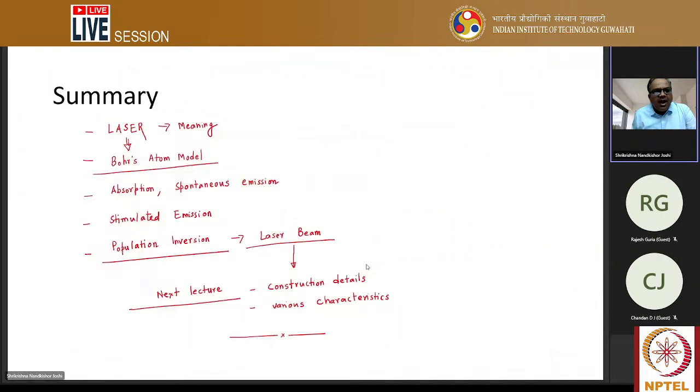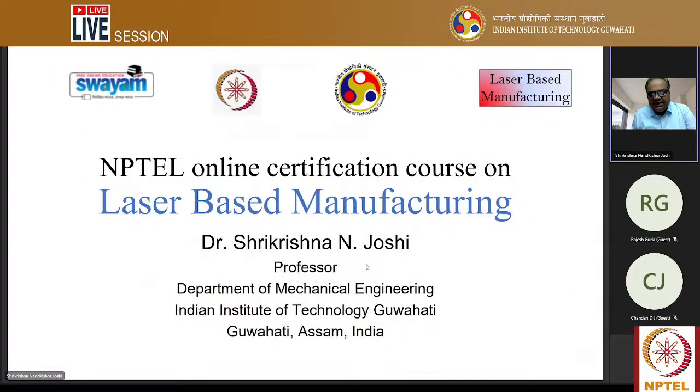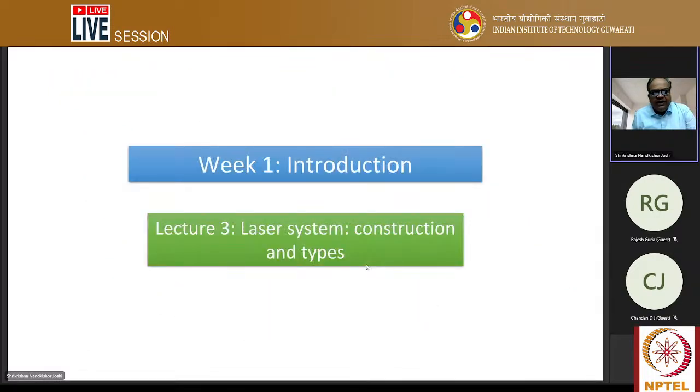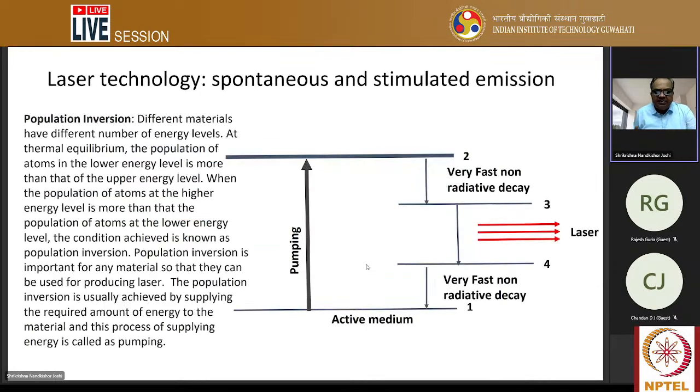Then after studying the laser fundamentals, we went for the construction and types of lasers. So various types of lasers being used, such as gaseous lasers, solid lasers, and you can say the diode lasers. So all these types of lasers, how they are working, and the concept of population inversion, how it is useful in generation of the lasers that we have seen.